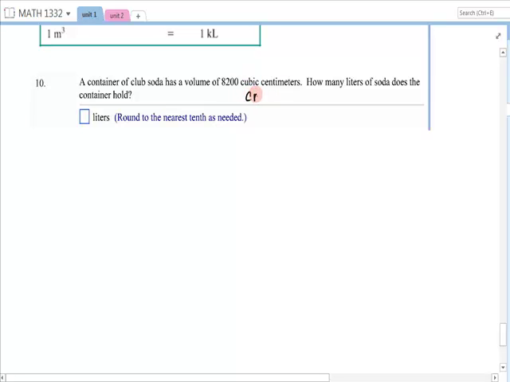And remember, that's centimeter to the third power. How many liters of soda does the container hold? I have 8,200 cubic centimeters. It wants me to decide how many liters that is.